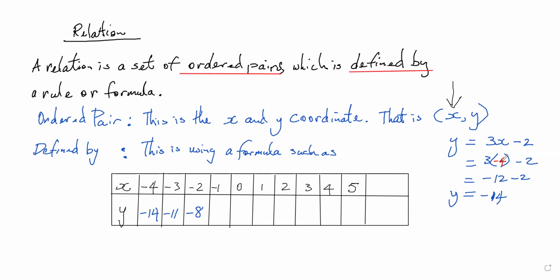If I substitute -1, -1 times 3, -3 minus 2 is -5. 0 times 3 is 0, 0 minus 2. 1 times 3 is 3, 3 minus 2. 2 threes are 6, 6 minus 2.